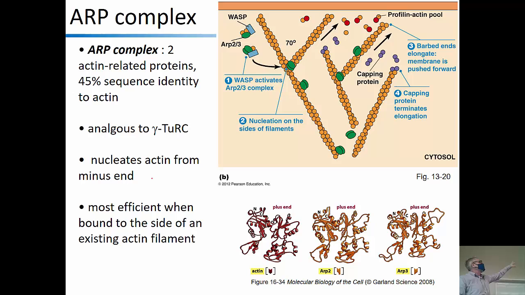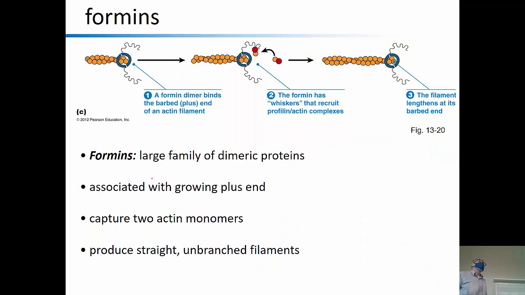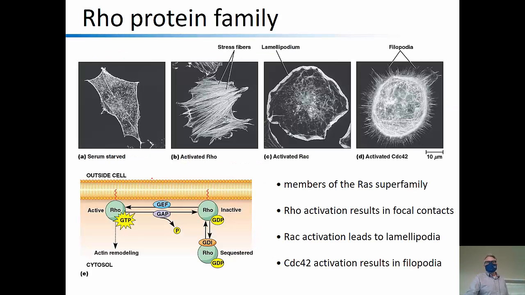So we get this mesh-like pattern we see at the top. In contrast, formins work at the plus end and recruit globular actin to the growing F-actin, or filamentous actin. And so this leads to long, unbranched microfilaments.